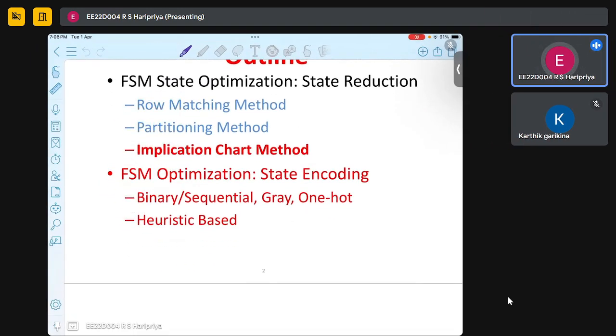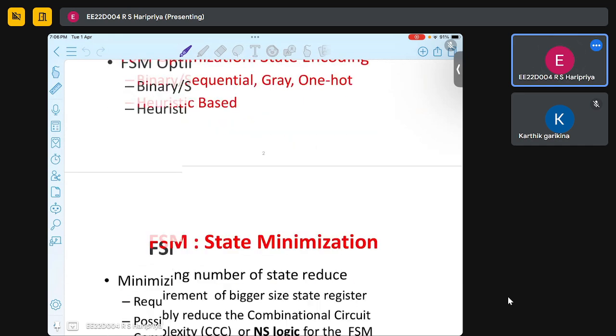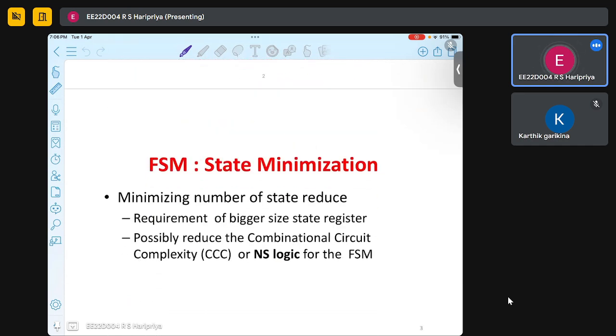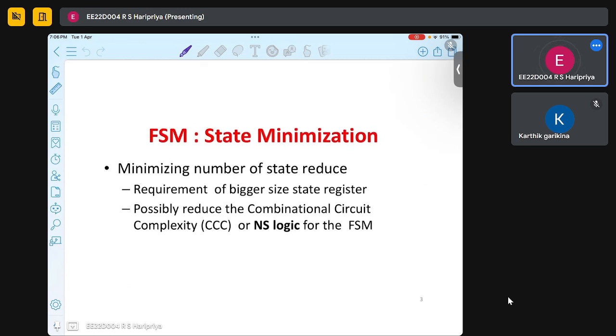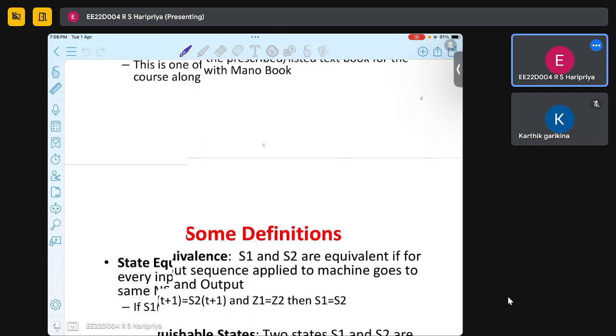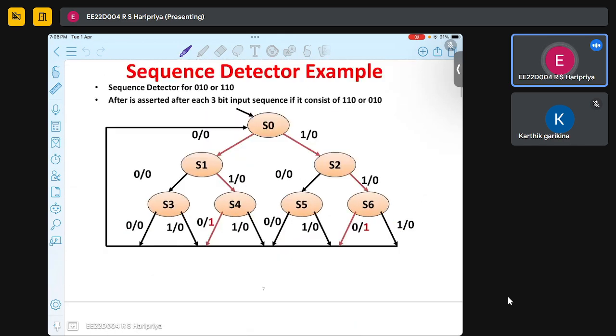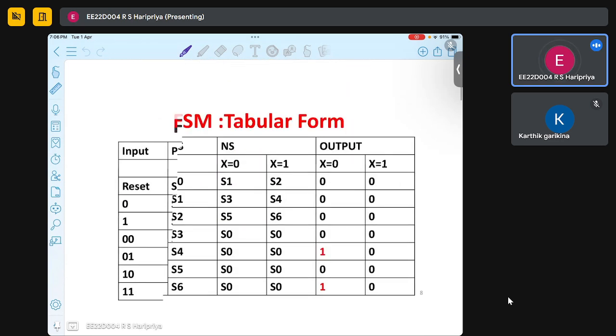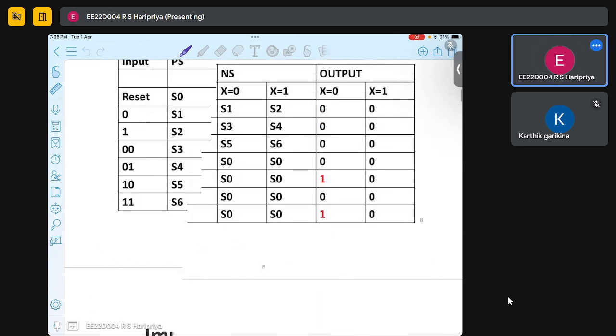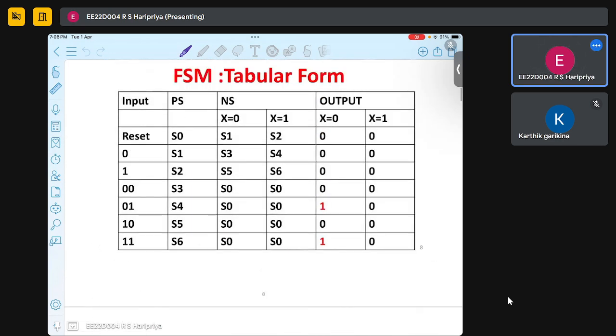So the next method for state reduction, we will see the implication chart method. This is the state diagram, the FSM table, state table.